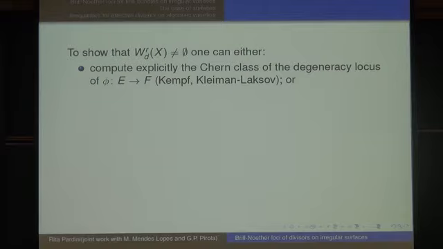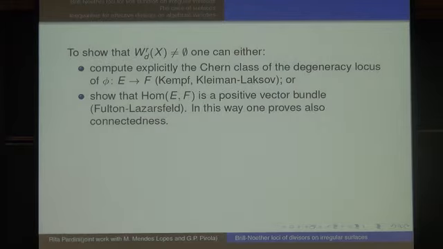I think the oldest approach was just to write down everything explicitly, which of course is far from simple, but it was done, and this is, I think, the original proof by Kempf and, independently, Kleiman and Laksov. I'm actually no expert on this topic, but if you are interested, you just look at the first book by Arbarello, Cornalba, Griffiths and Harris, and they have a really nice detailed survey of all the results.